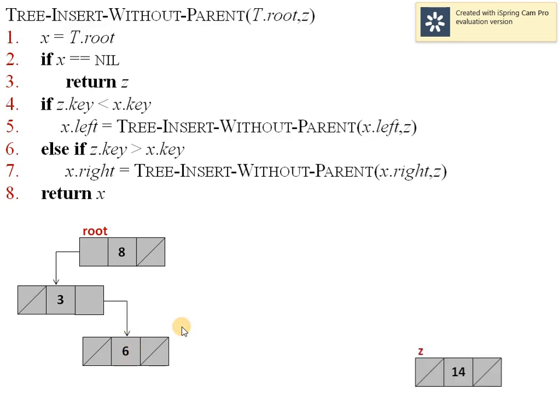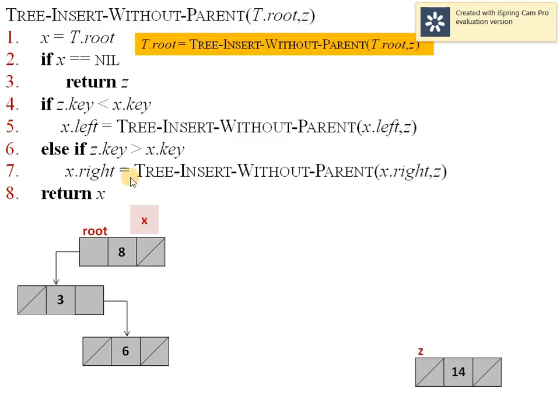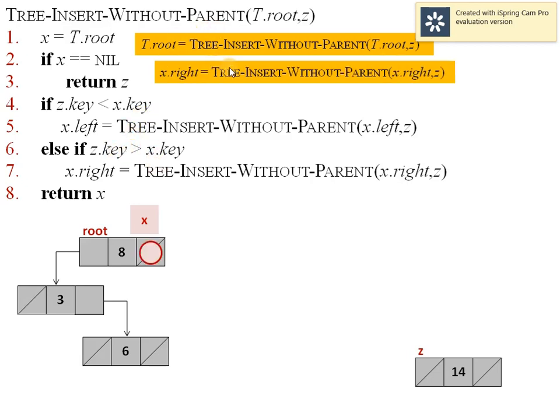The last node which we are going to insert is 14. So again the same function is called. X is pointing to root. Since x is not equal to null, 8 and 14 will be compared at line number 4. Is 14 less than 8? No. So line number 6 will be checked. Is 14 greater than 8? Yes. So we have to call the procedure at the right pointer of the node, which is nothing but null.